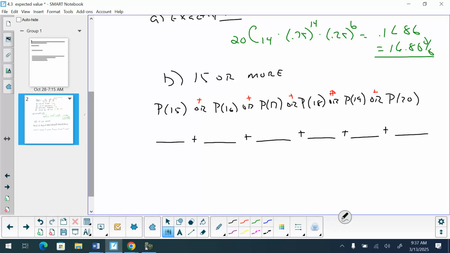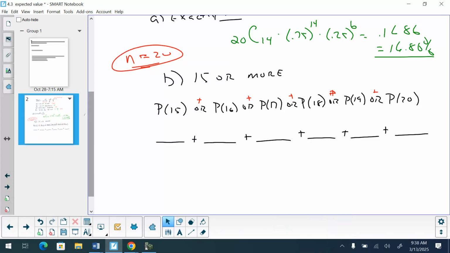So you go back to your index, your appendix. We are looking at the n equals 20. So you're going to have to flip a couple pages till you get your n equals 20.